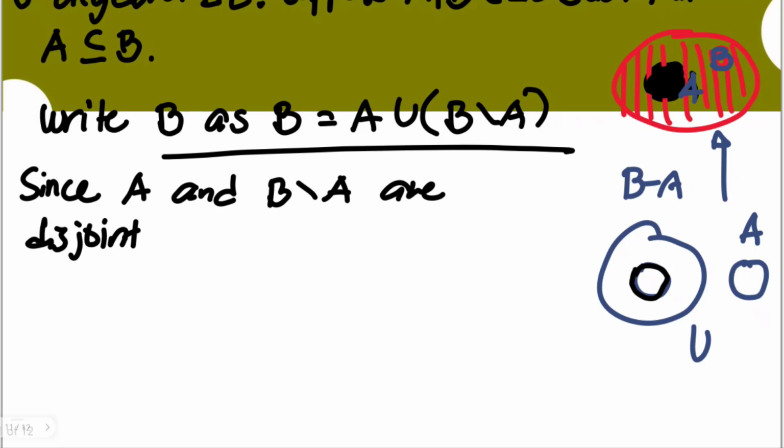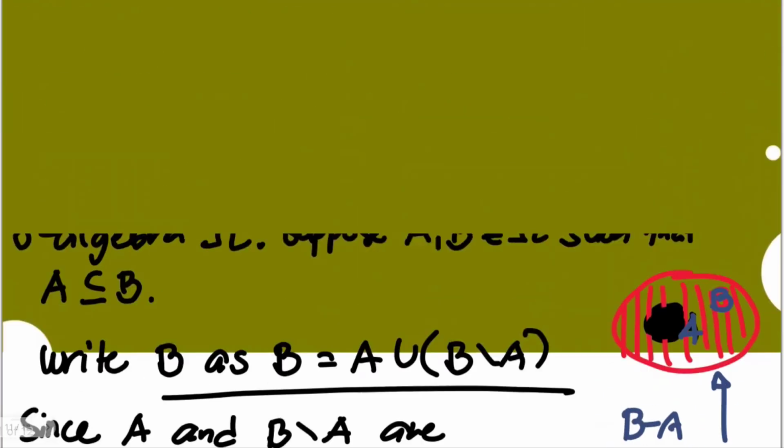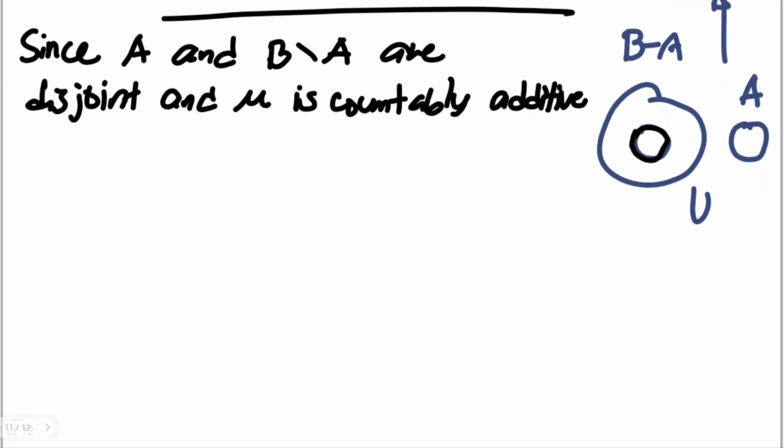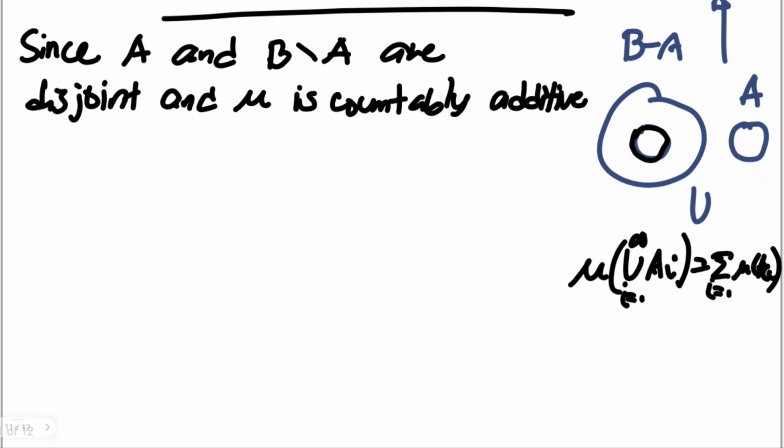And any mu is countably additive as one of its properties, being the second property, which is, if we have a pairwise disjoint collection of sets, then the mu of the union of A sub i, where i starts from 1 to infinity, is equal to the summation of mu of A sub i, i starting from 1 to infinity. Meaning, countably additive. They are actually a sum.